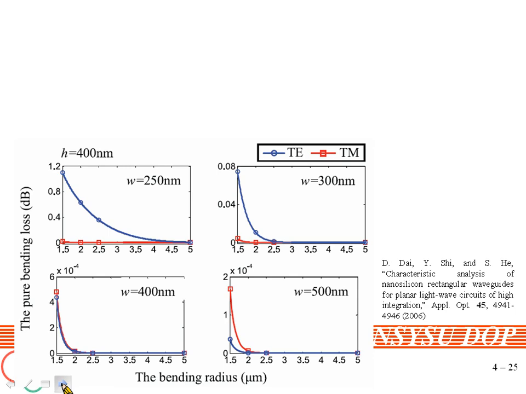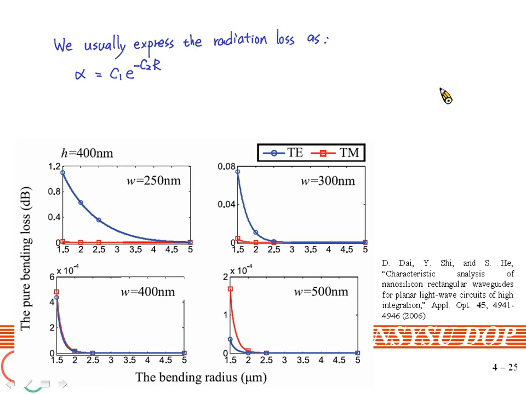As a result, we usually express the radiation loss in the following form. The loss coefficient alpha will be C1 times exponential minus C2 R, where R here is defined as the bending radius of the curved waveguide.